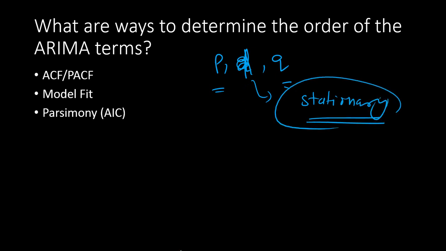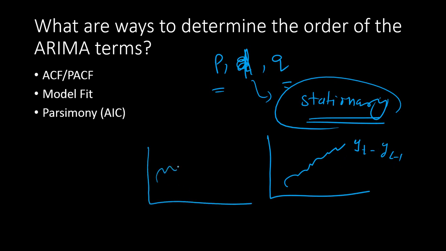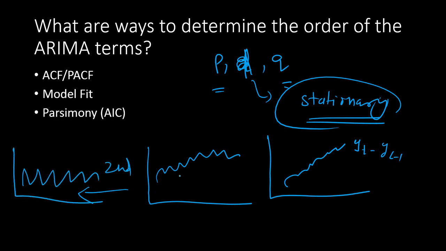When you take the difference of a non-stationary series, say y minus y(t-1), and plot it, it becomes more stationary. You may have to do a second differencing, and then it becomes more stationary. That determines the exact value of d, the number of differences one has to take. So the value of d is fine.